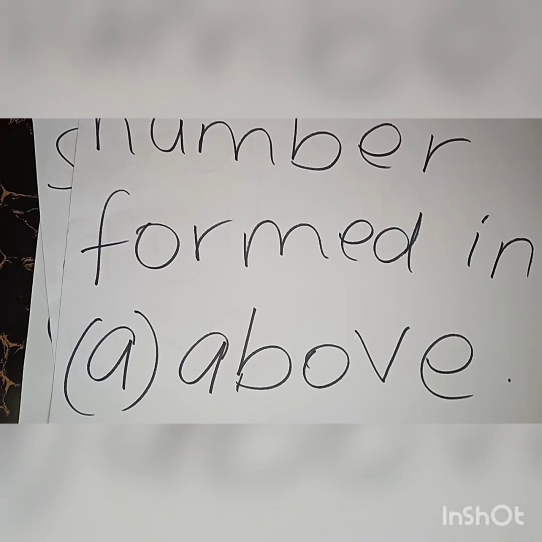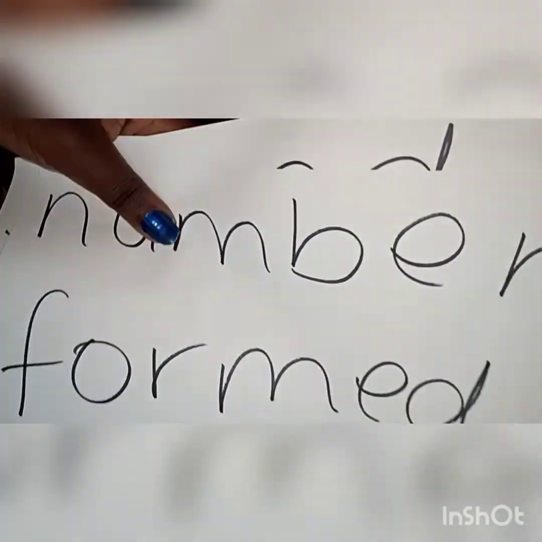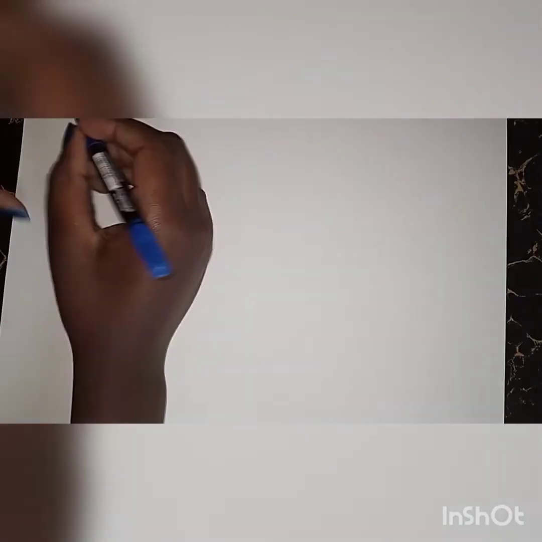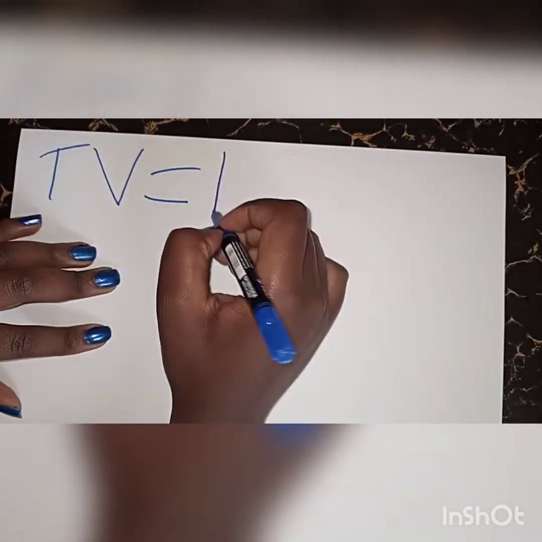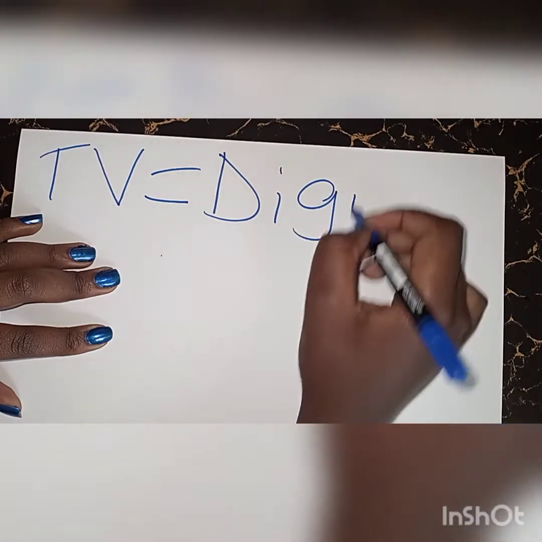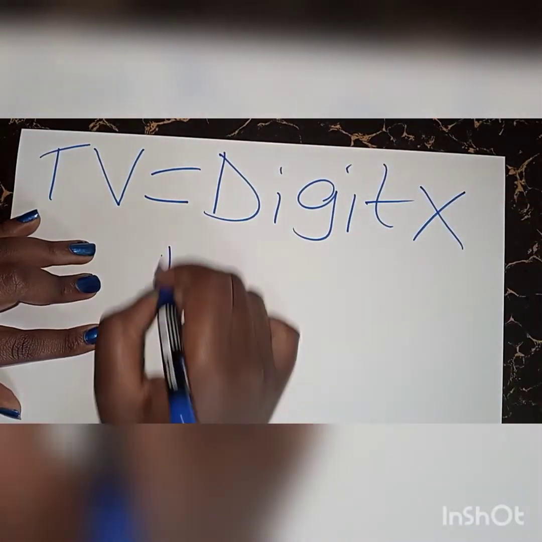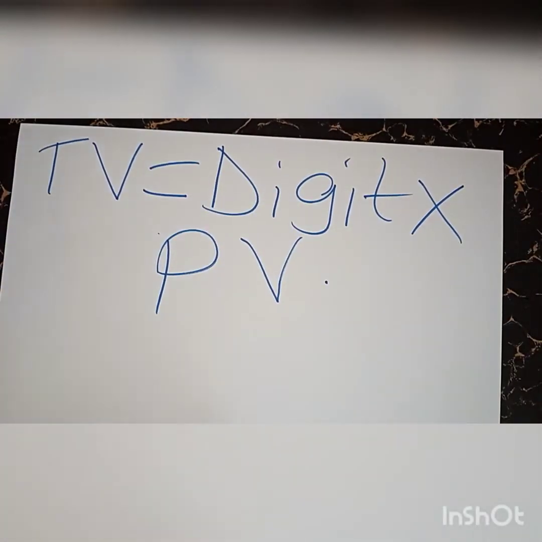If you don't remember what we said, I'll leave the link in the description box below. Okay? So, what did we say? We said that the total value of a number is derived by multiplying the digit and the place value. Okay?